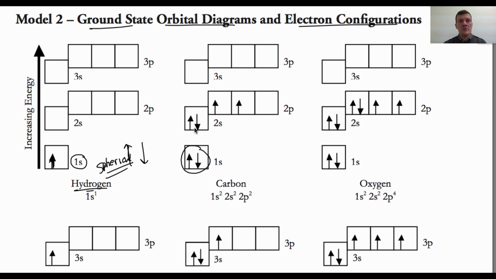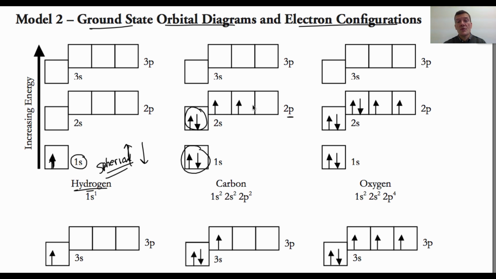Then you can move up to the higher energy level, the second energy level. And you fill the 2s first, because the 2s gets filled first, it's at just a slightly lower energy level. You would have 2 in there, and then you begin to fill these p orbitals, the pink rooms. Well, the p orbital. They're p because they have a slightly different shape than the s, which is spherical.